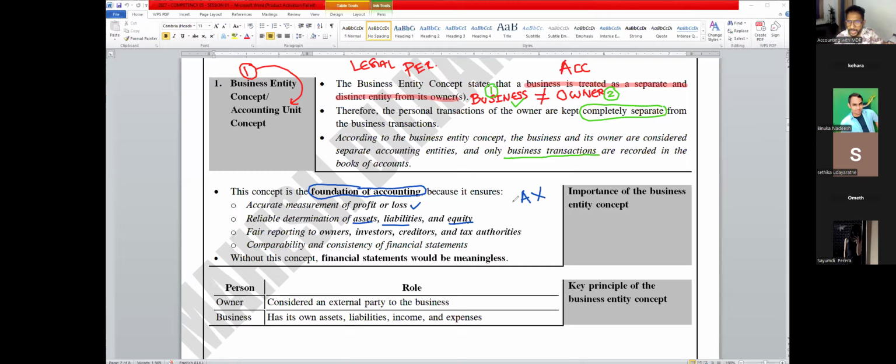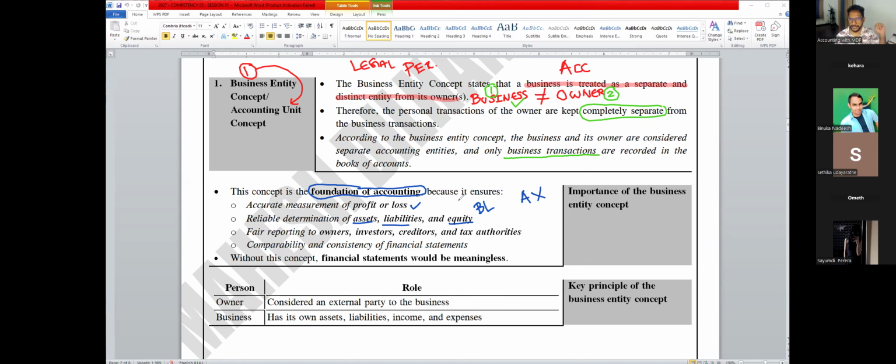That personal car is never recognized as an asset of the business. But if he invests it as capital in the business, now the business can recognize that motor vehicle as an asset. Okay. On the other hand, the owner's personal bank loan is not recognized as a liability of the business. Once again, it's an application of the business entity concept. Why? The owner's personal liabilities are not recognized as the liabilities of the business.